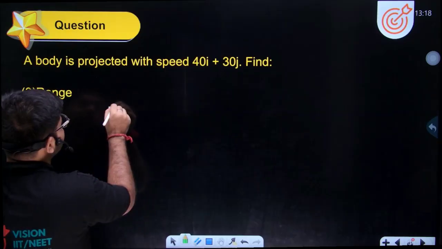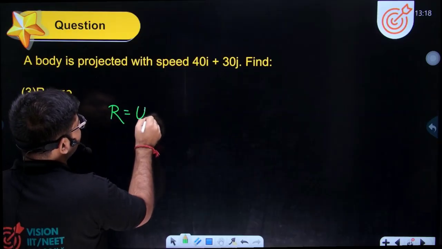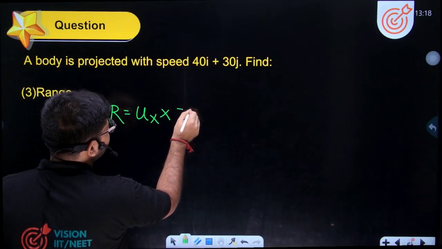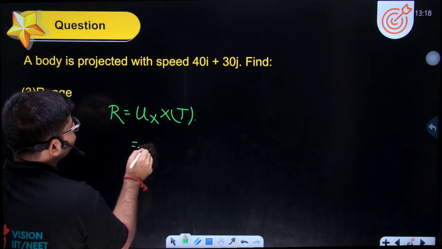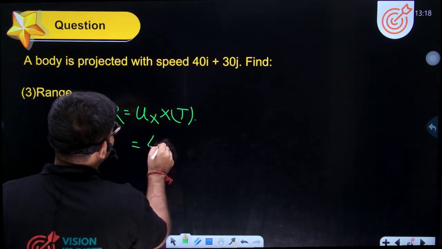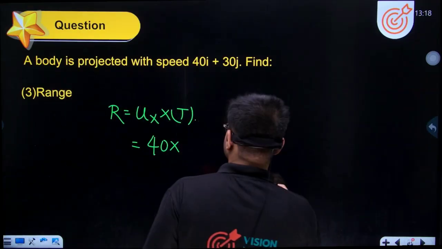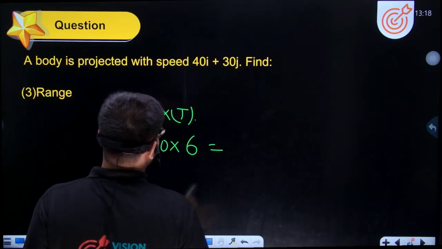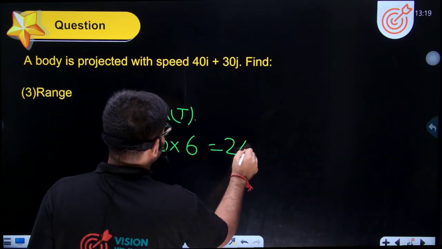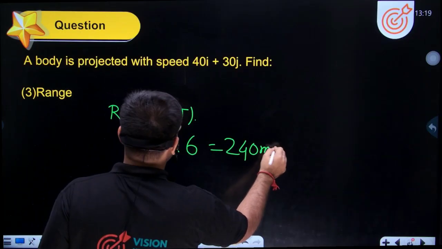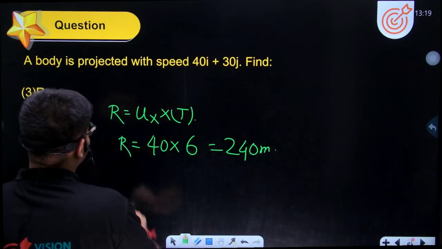Range means ux into the time of flight. ux is 40, it is constant, into time of flight 6. So 240 meters is going to be our range.